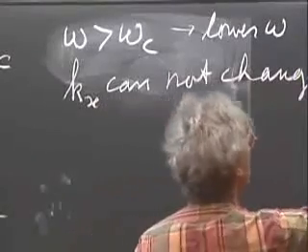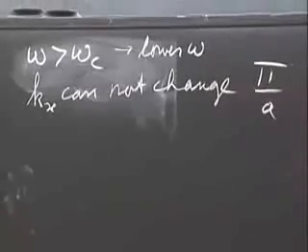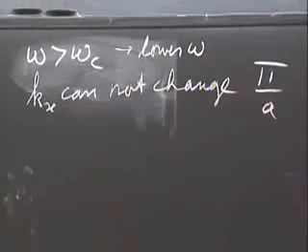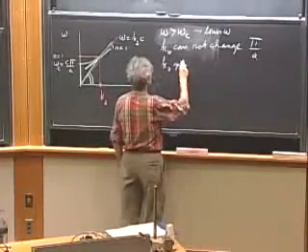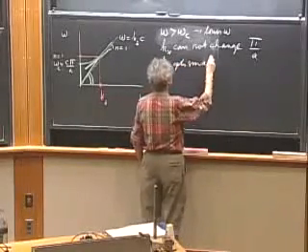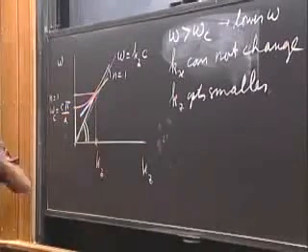It must remain pi over a, because it must meet the boundary conditions. Therefore, kz gets smaller. You're going down this line, and the kz gets smaller.